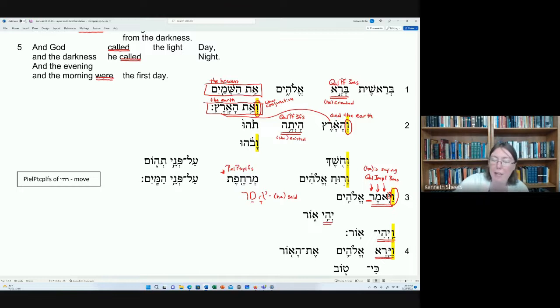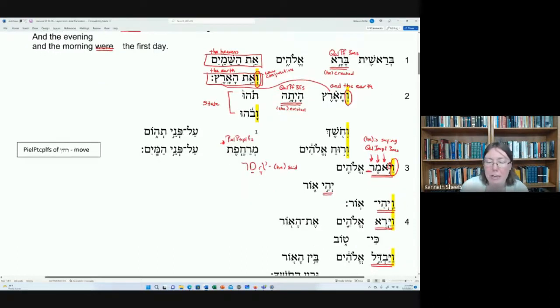Indicating then that this particular clause is indicating the state of the earth in the time when it was created. I'll explain a little bit more about that in just a moment. And then we have another conjunction here, wavohu.